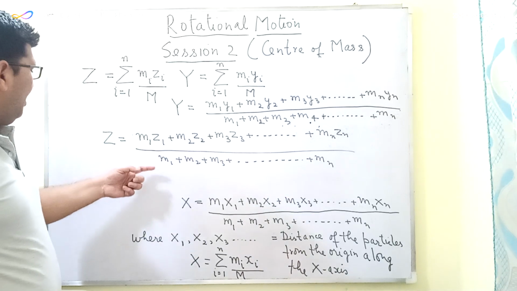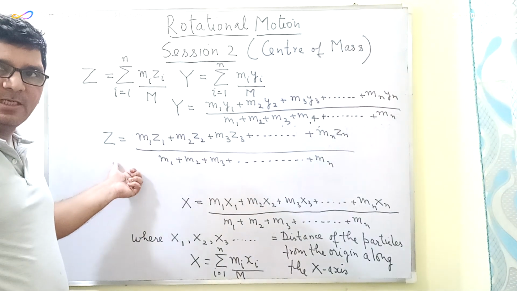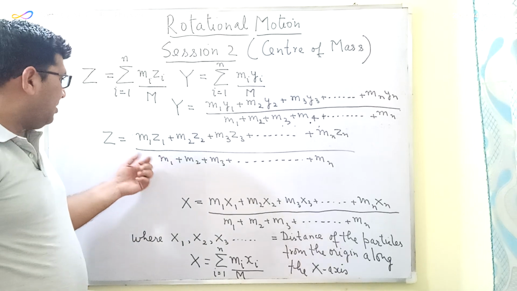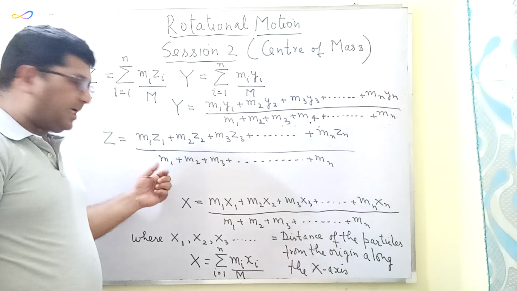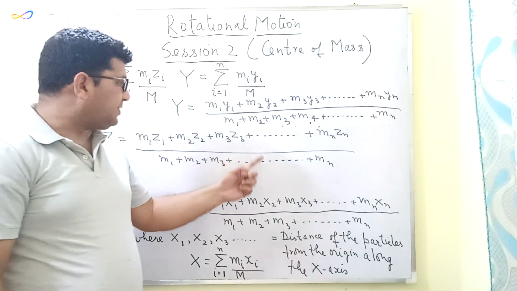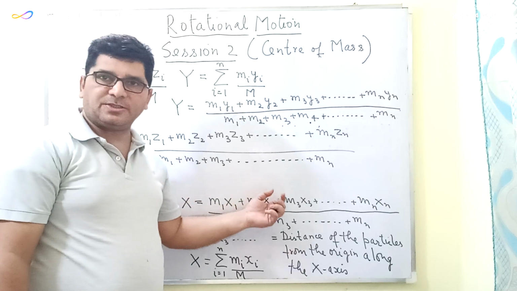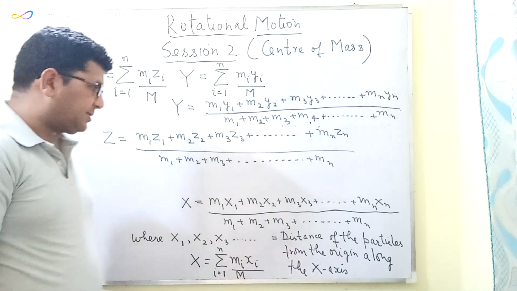So this is the center of mass of a system of n particles along the z-axis, and z1, z2, z3 are the distances of the individual particles from the origin along the z-axis.